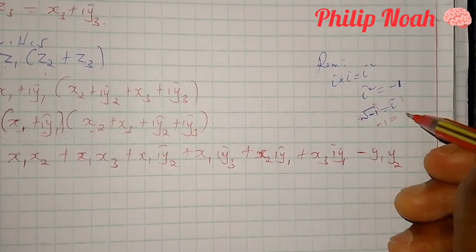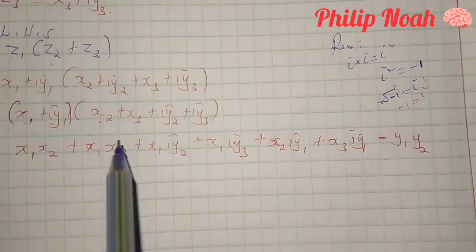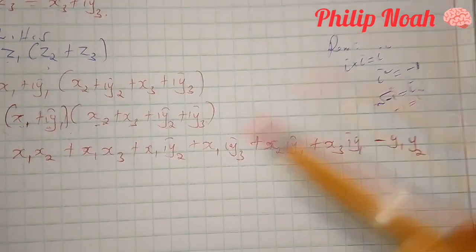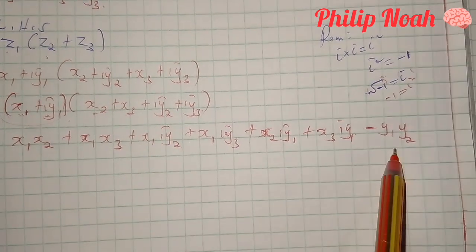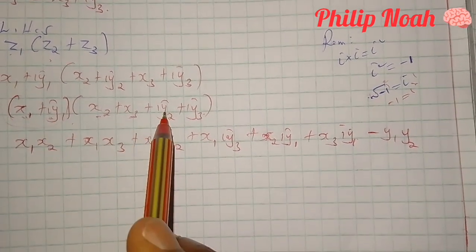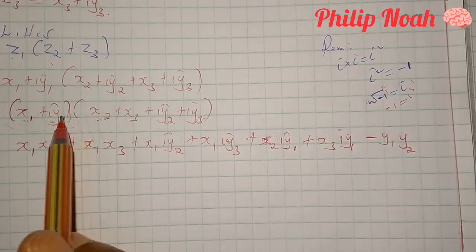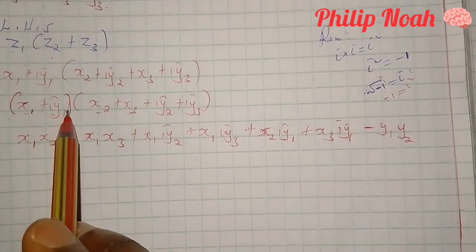So i squared is equal to negative 1. That's why I have taken this times this, I've gotten this one, and they are negative, because i times i is i squared. That becomes negative times a positive is a negative.